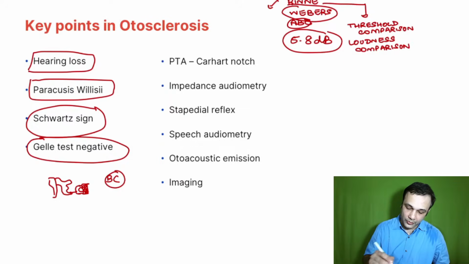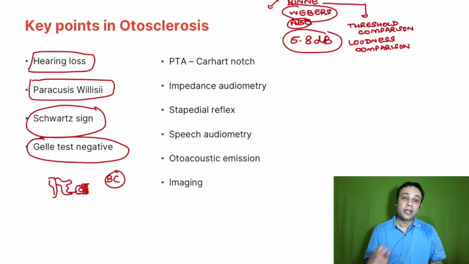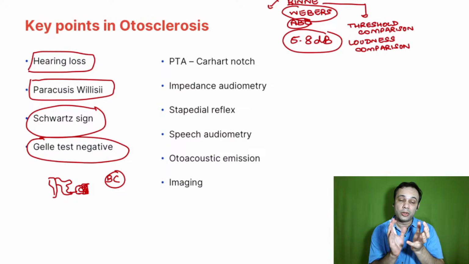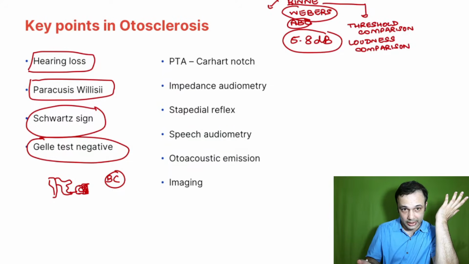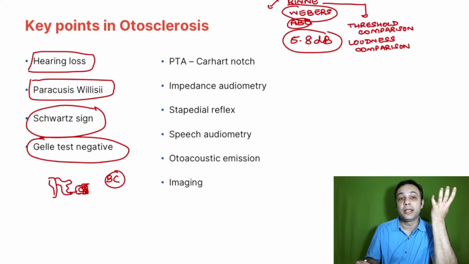Okay, so Gelle's test is basically done in otosclerosis. So when you talk about the conduction, the bone conduction tends to increase, right? So the hearing becomes, what happens?